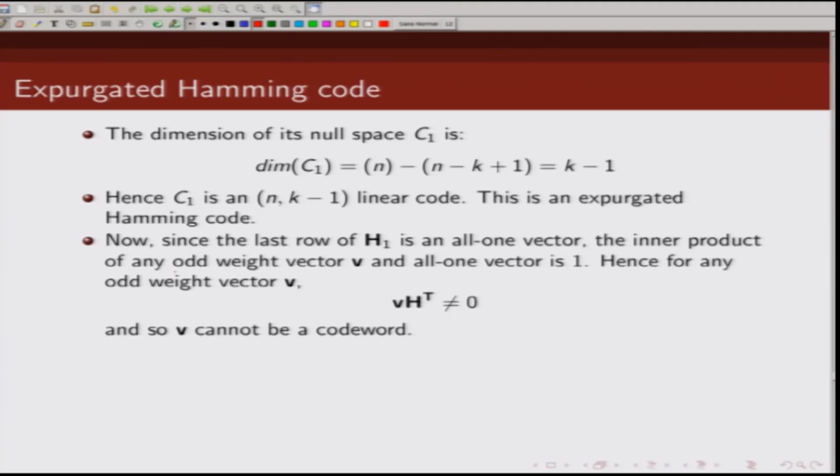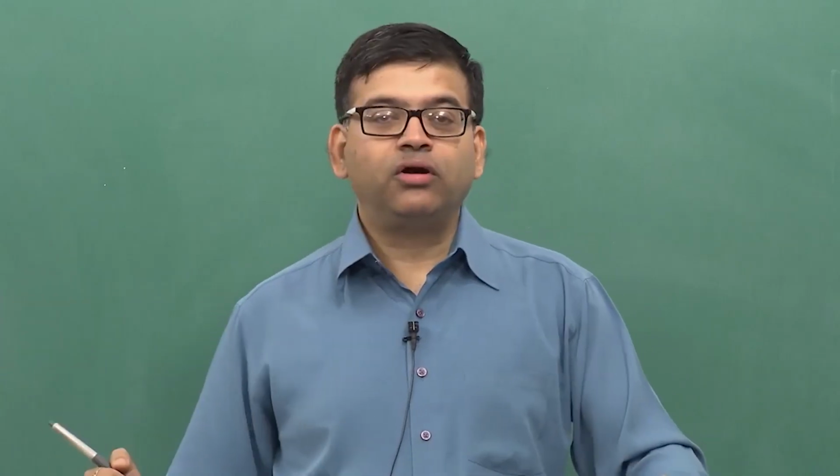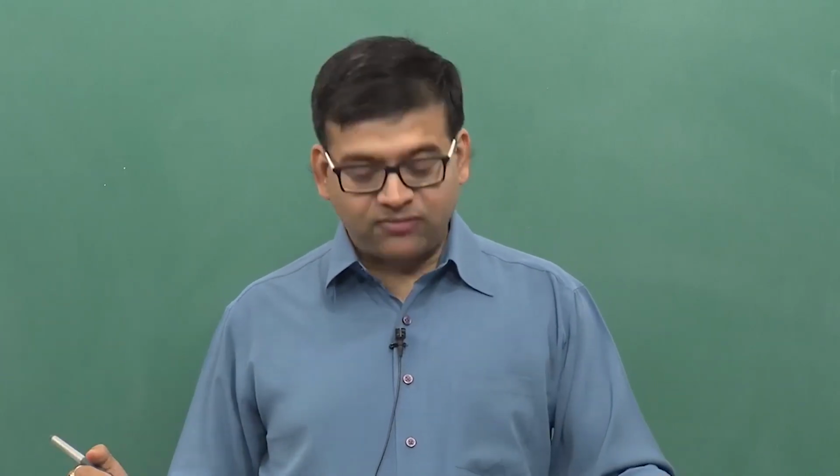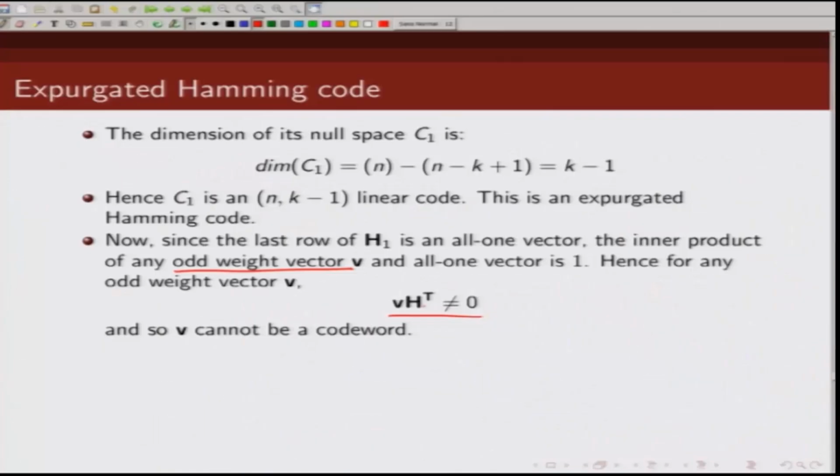If you have an odd weight vector, then V H transpose cannot be 0, because of this all ones row in the parity check matrix of this new matrix H1, the expurgated code parity check matrix. So, V H1 transpose cannot be 0 if V has odd weight.